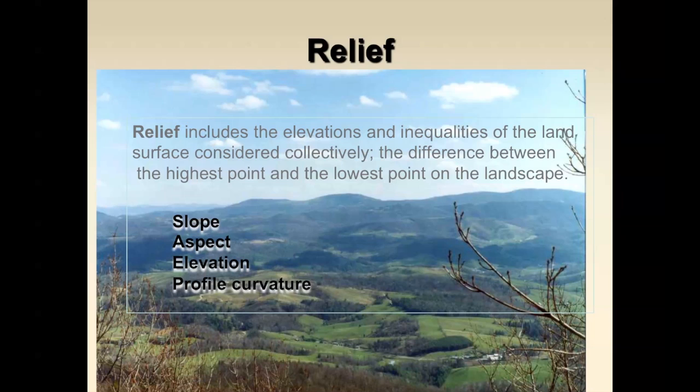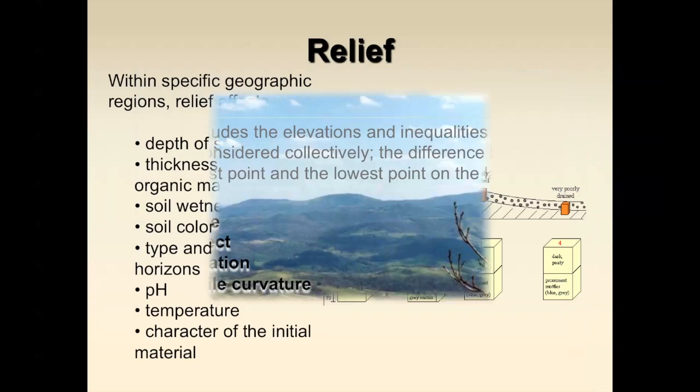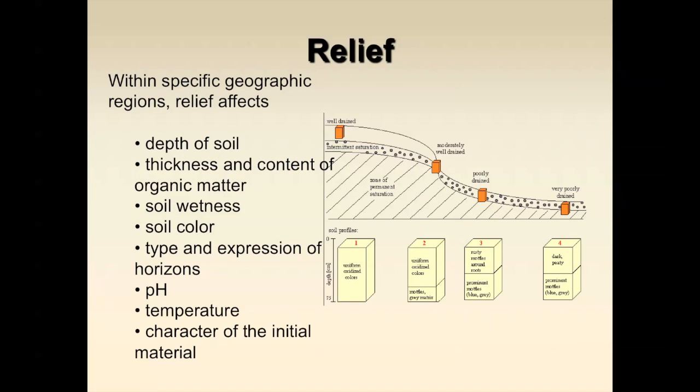Your profile curvature, is it convex, concave? That's also going to have some kind of an influence. So when you're having a look at relief, I like this particular illustration over here. You're looking at the upslope and then the bottom land area over here.